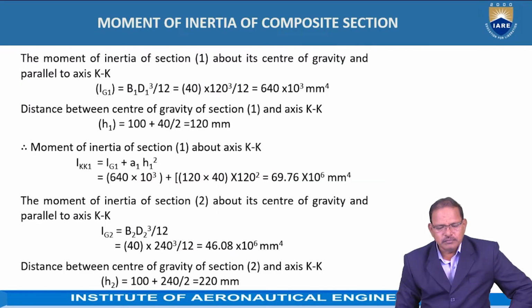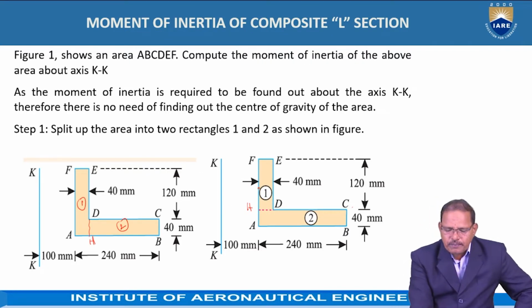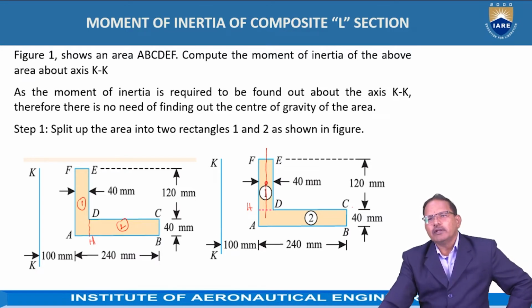Now, the moment of inertia of the first section I am taking, which is parallel to the KK, that is, passing through the centroid like this. We require the moment of inertia possessed by the rectangle EFDH.